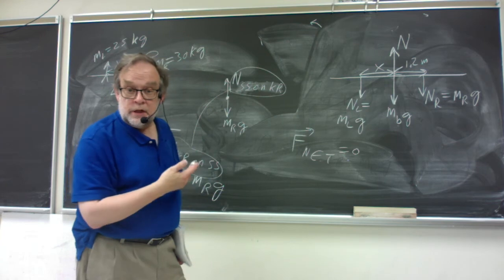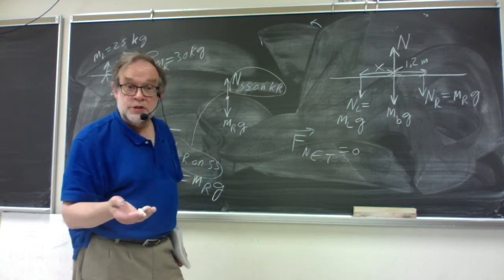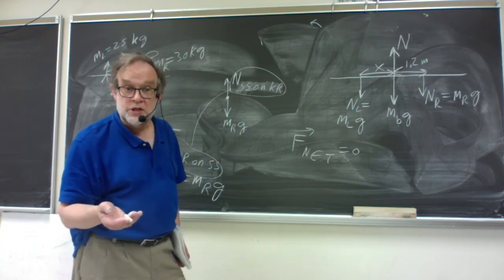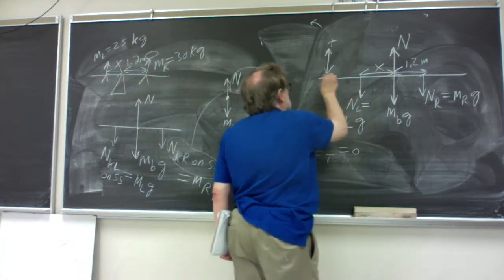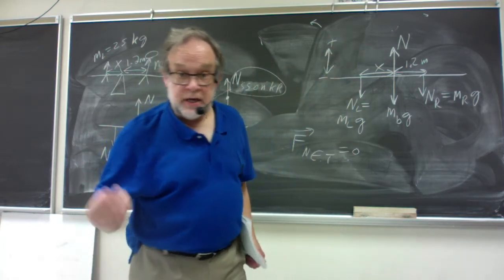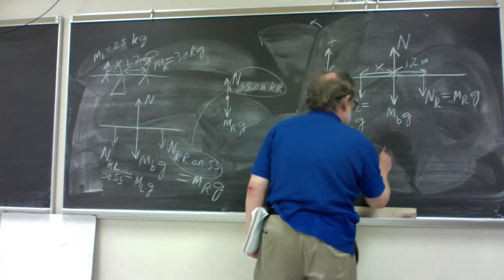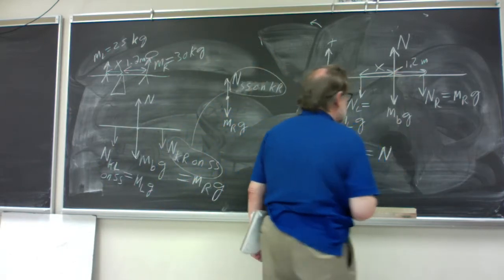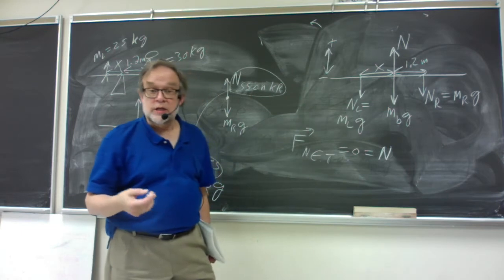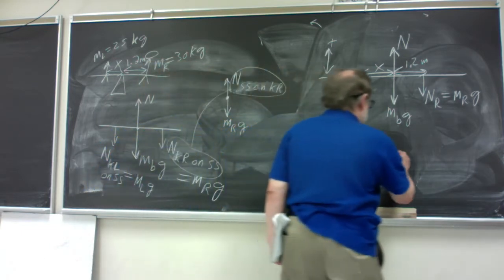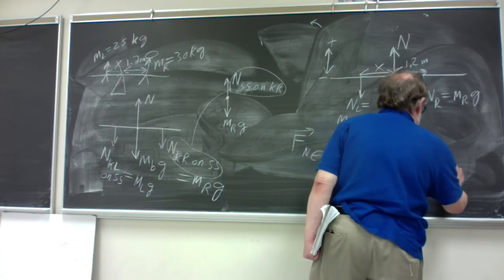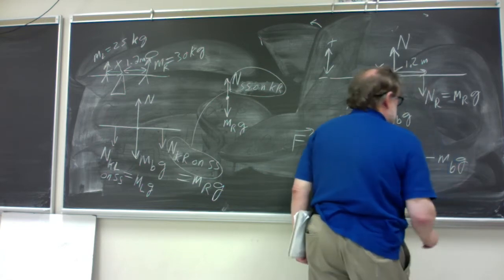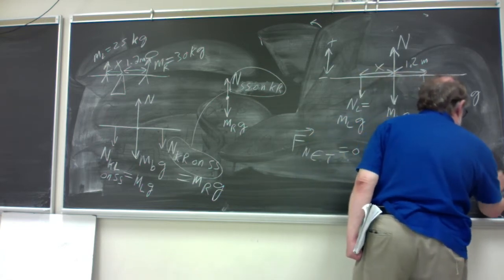The net force is always all the force in the positive direction minus all the force in the negative direction. We'll just say positive is up and down is negative. So all the force in the positive direction is just this normal force. All the force in the negative direction is the other three forces: the normal force from the kid on the left, the weight of the board itself, and then the normal force from the kid on the right.